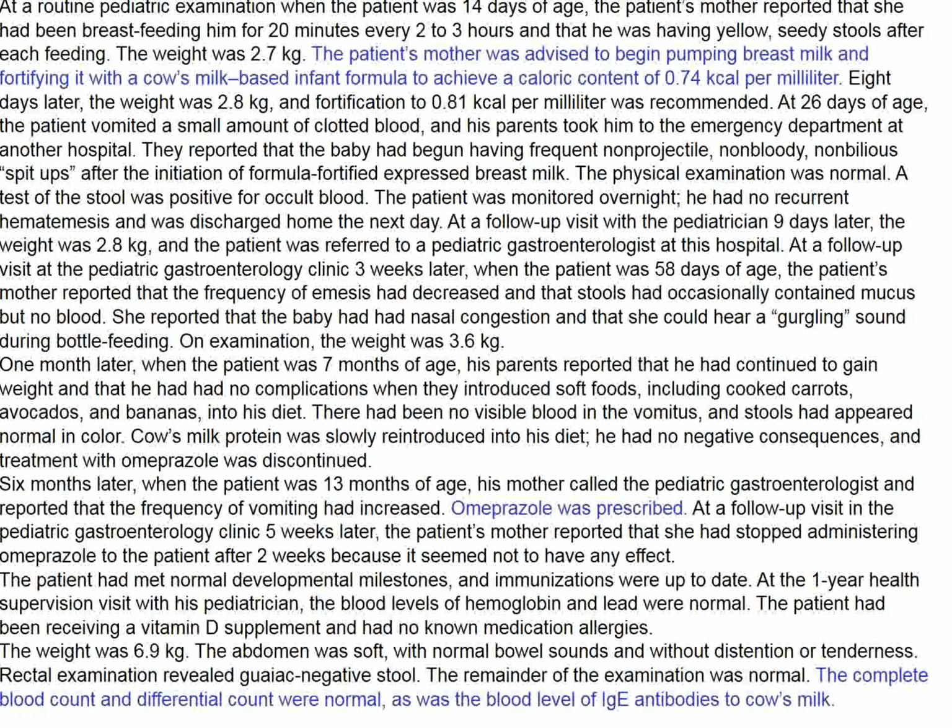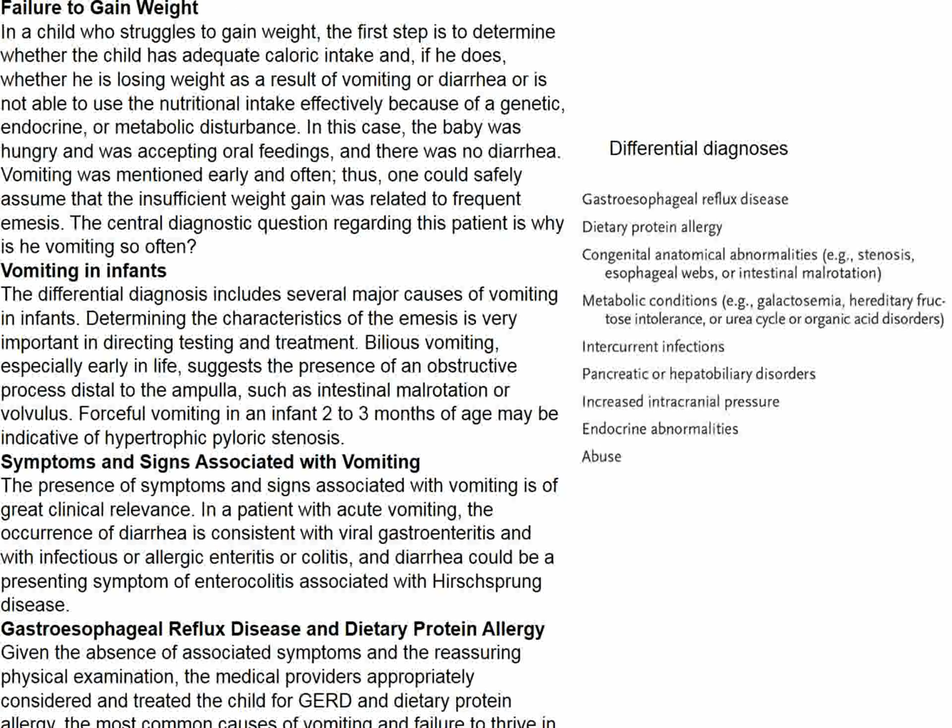Baby doesn't get any better, continues to be evaluated, goes to a gastroenterologist. All of this business spans out over about 14 months. And the discussant here is the pediatrician that discusses this case, discusses the reasons for failure to gain weight, vomiting in infants, differential diagnosis of reflux disease, protein allergies, congenital anomalies, recurrent infections, pancreatic or biliary tract disease, increased intracranial pressure.